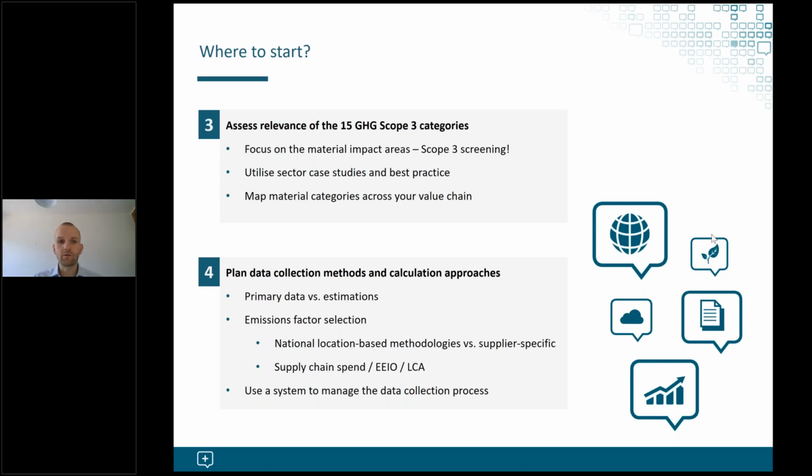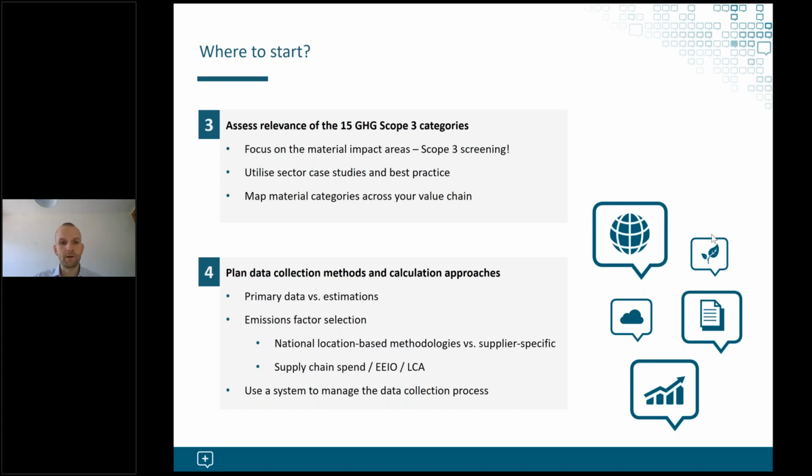And once you've gone through that process, you should have a good understanding of your own hotspots, your own focus areas, and you can then map material categories across your value chain. So that's that last sub point there. For each category, who is involved? Suppliers, customers, which ones?